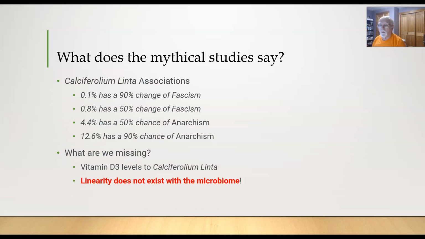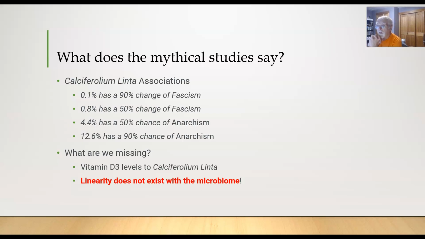And let's go back and look at some mythical studies. We find association is, if you have 0.1%, we have it in terms of how much in a person's gut, we have a 95% chance of pushing fascism, 0.8 is 50% of fascism, 4.4 is 50% of anarchism, 12.6 is 90%. Notice it's a nice linear curve. It is a curve, not a linear line.